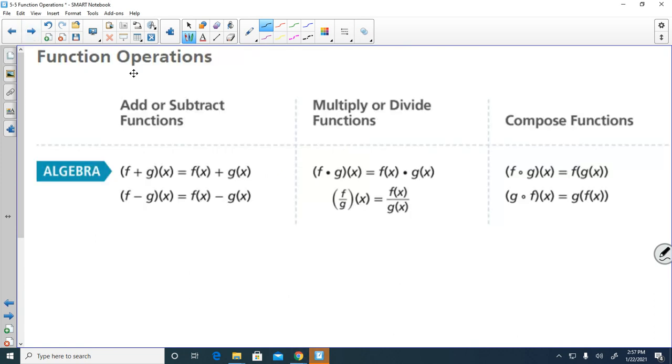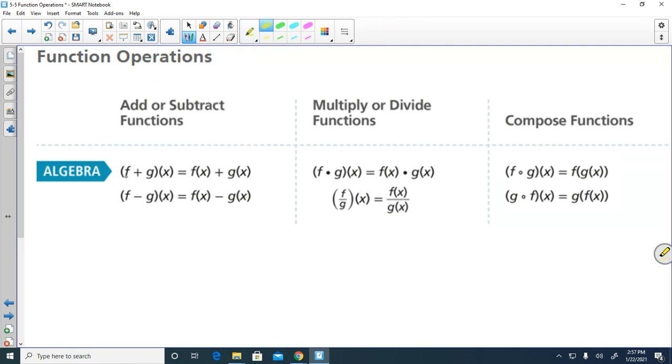All right, so here's some more notation that you need to be aware of. Like I said, today we are going to be adding and subtracting functions, multiplying and dividing functions, and also composing. What you see below are notations for each of those. Let me grab a highlighter here.